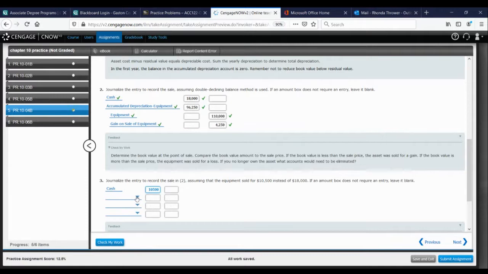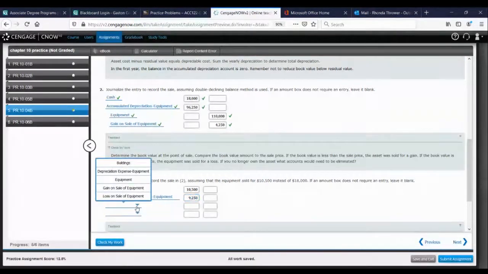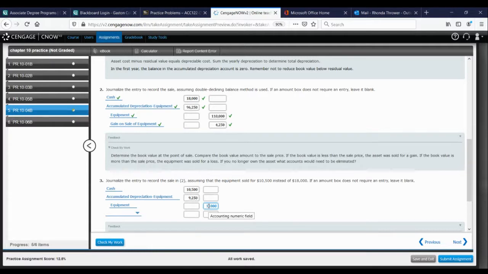I would have to get rid of my accumulated depreciation for the equipment for the total amount at the end of year 3, which was $96,250. I would credit my equipment account for its cost, which was still $110,000 that was given.